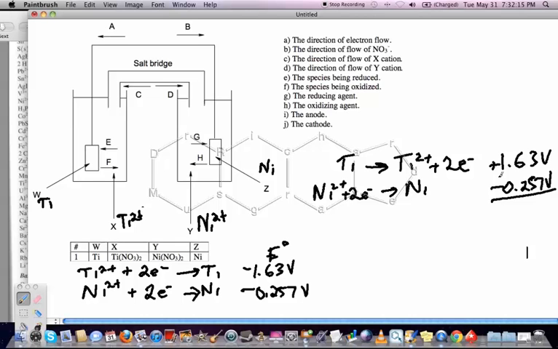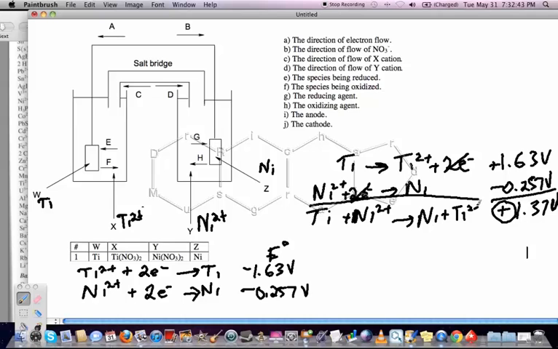It's going to give me a value of 1.37 volts. But I don't really care so much about the actual magnitude of it. All I really care about is the fact that it's positive. That's all I'm looking for. Alright, so I'm going to go ahead and add these together.